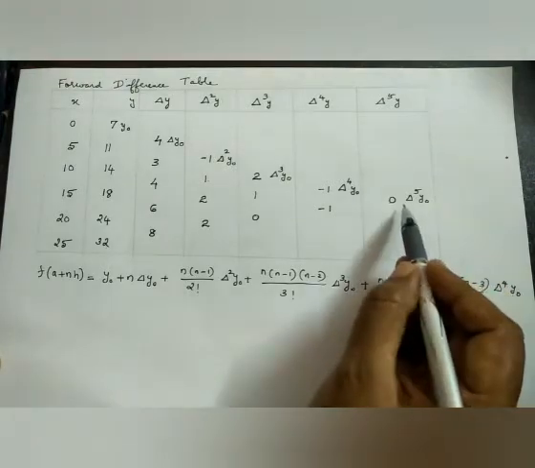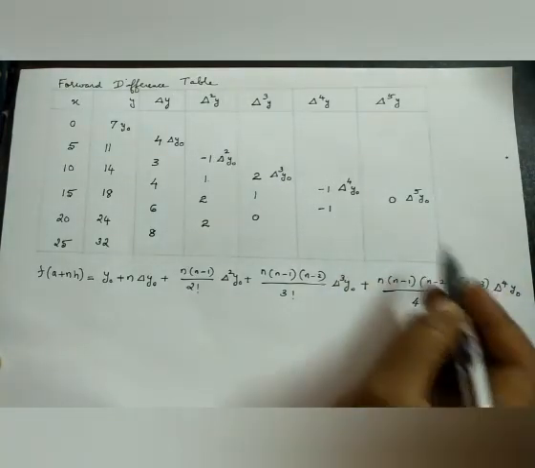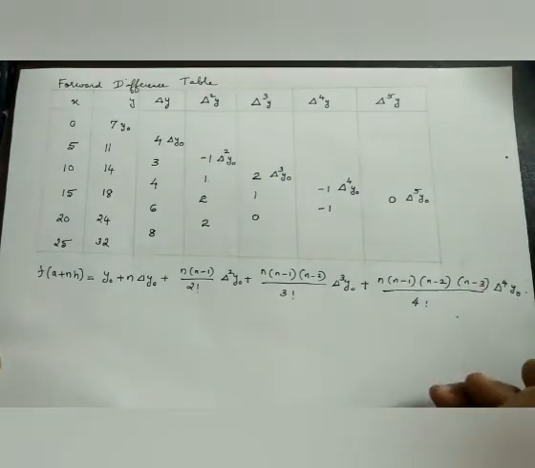Here delta raised to 5y0 is 0, therefore we are not taking that term. It is already equal to 0. So we are taking up to this only.